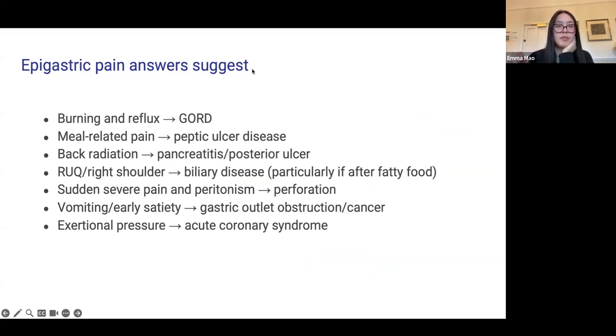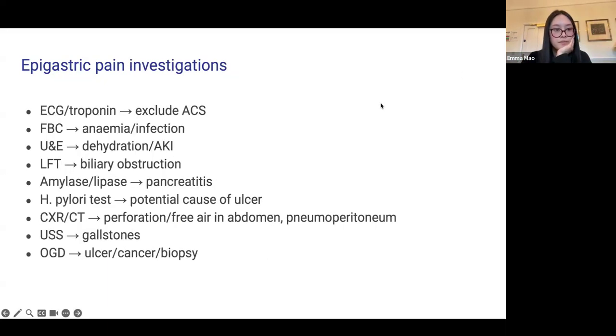And if there's inflammation in the liver, it can stretch it and cause pain there particularly. Sudden pain, so how it came on, also suggests could be perforation, and then vomiting, early satiety, cancer or gastric outlet obstruction, and then exertional pressure. If they've got it after doing some exercise, then more likely to be acute coronary syndrome, so heart related.